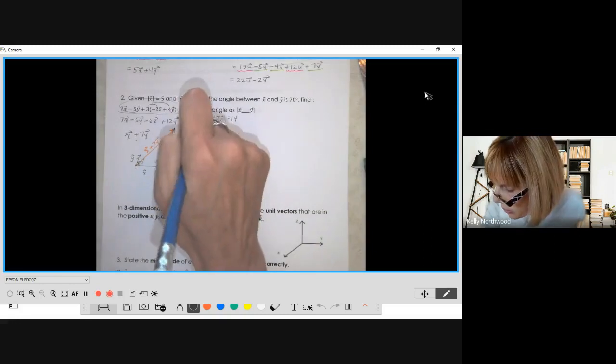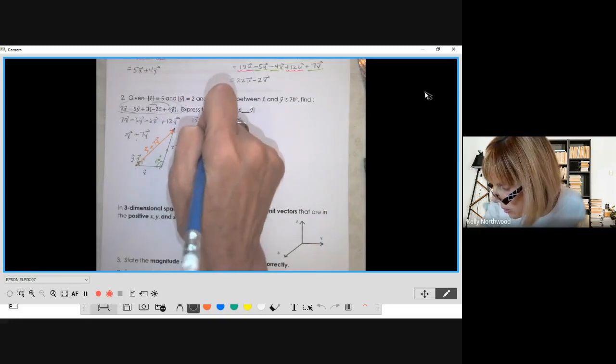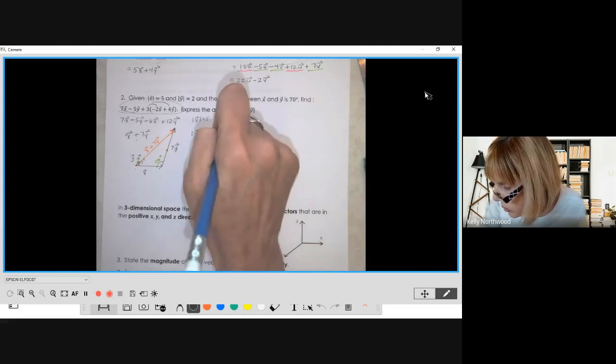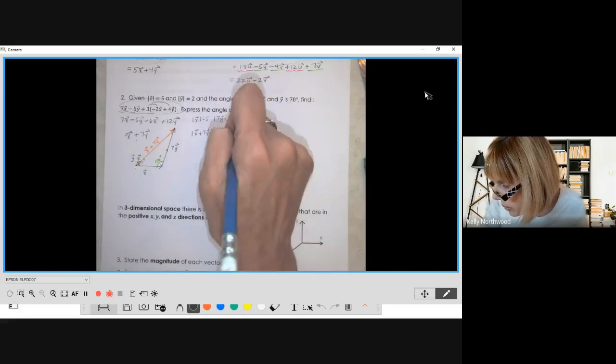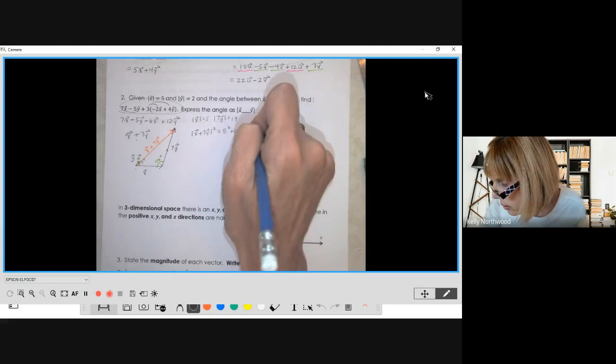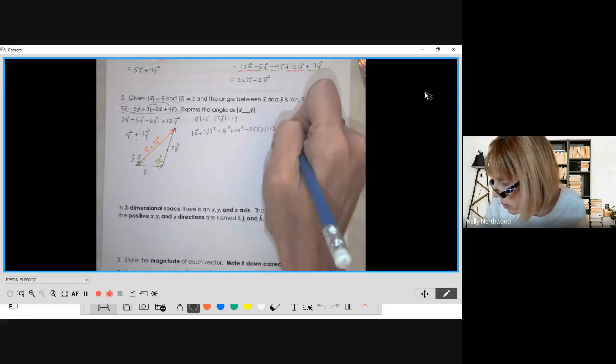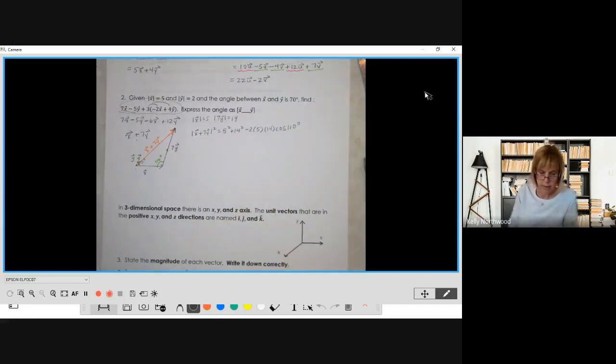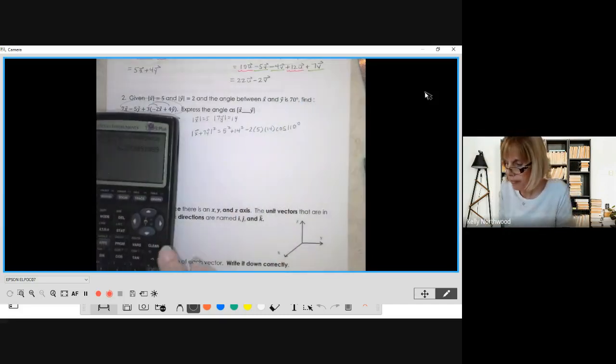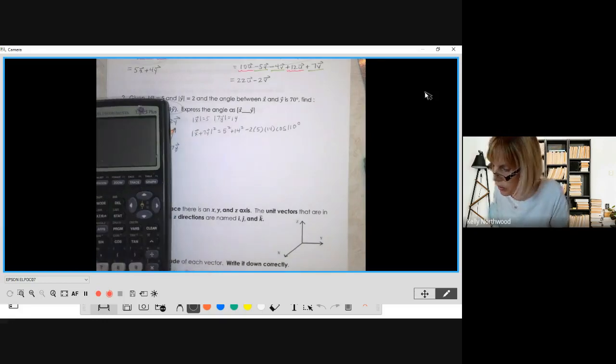The magnitude of vector x plus 7y squared is equal to 5 squared plus 14 squared minus 2 times 5 times 14 times the cos of 110.